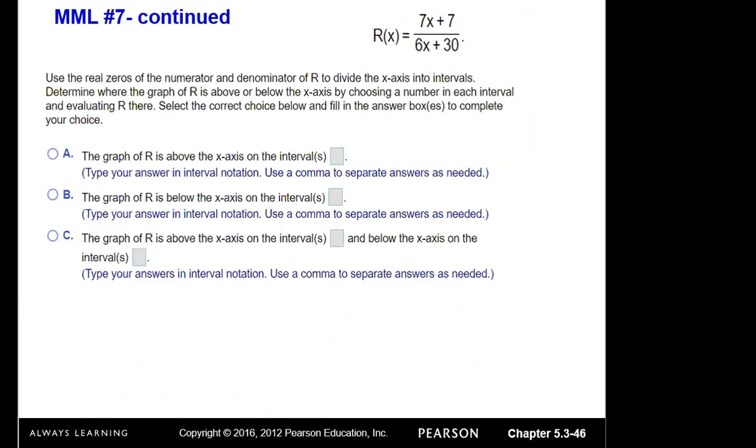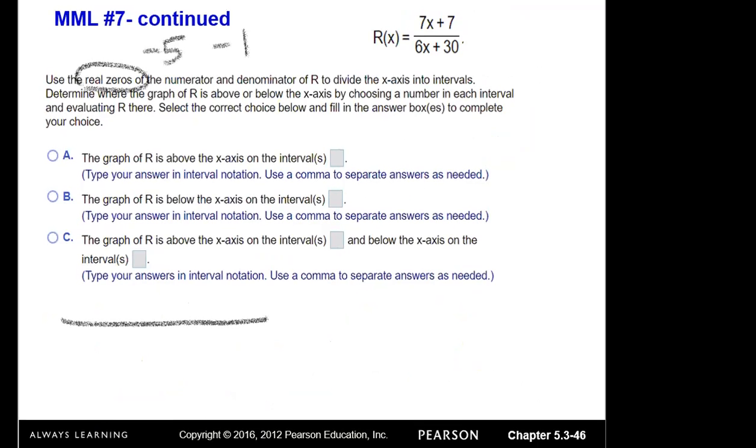Okay, and then it says use the real zeros on the number line. So I have to draw myself the table. I'll start with my number line here. My real zeros, there were only 2 of them. It was the -5 for the denominator and the -1 for the numerator.